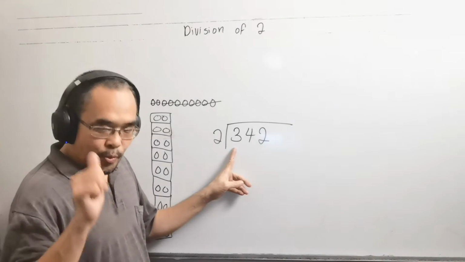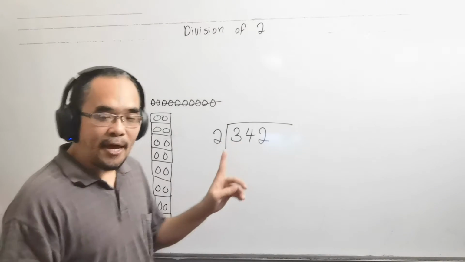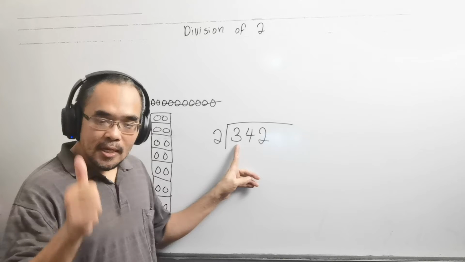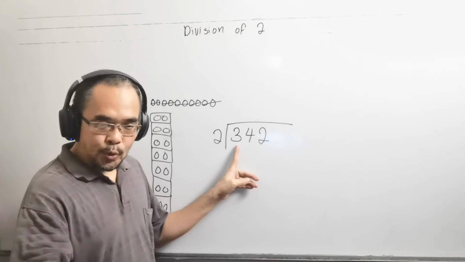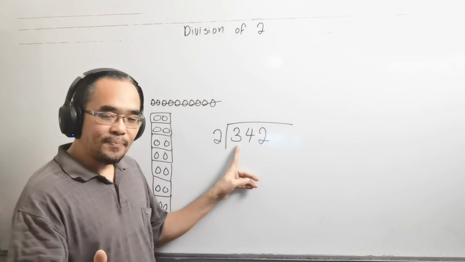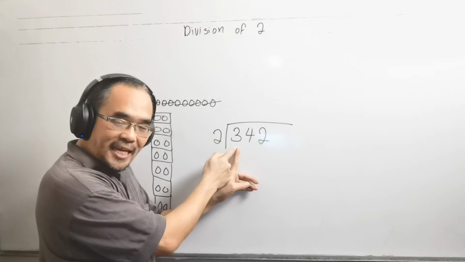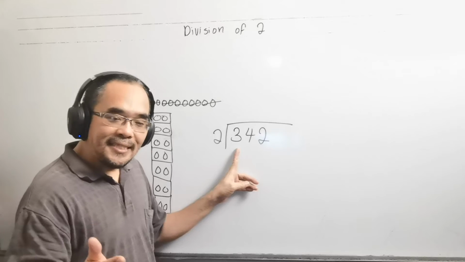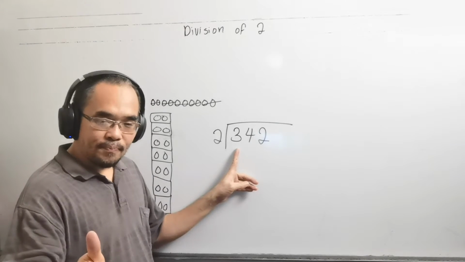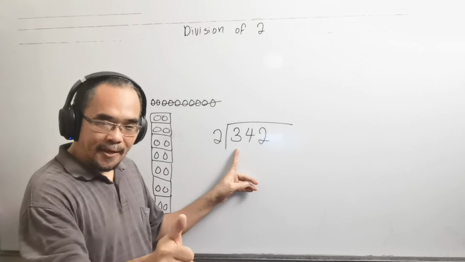Let me give an example. Multiplication of 2 is 2. After 2 is what? 4. 4 is a bigger number than 3, so just take the first one. How many fingers?